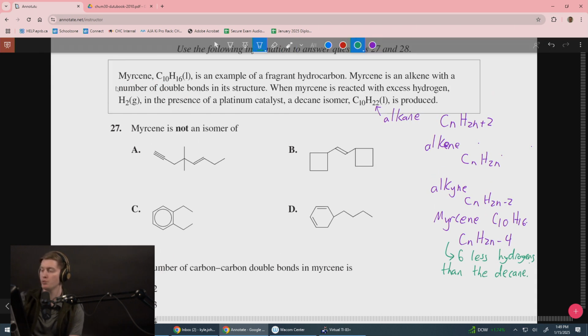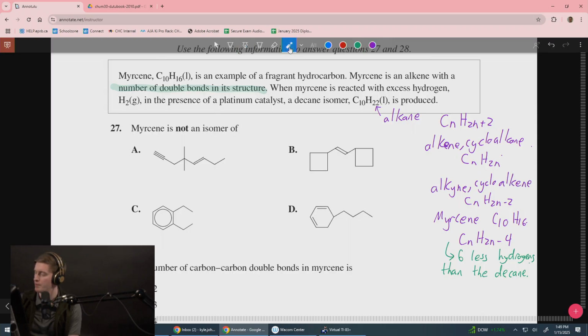It has no rings because the hydrogen gas would not be able to add on to a ring structure. The reason why I mentioned rings is because the alkene general formula is the same as our cycloalkane general formula, and our alkyne is the same as our cycloalkene general formula.